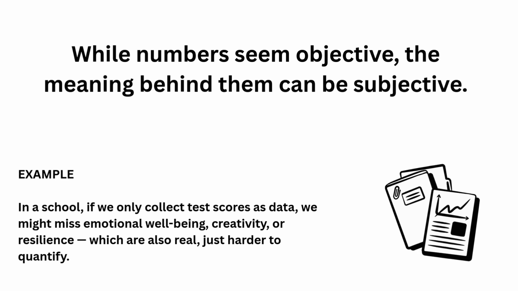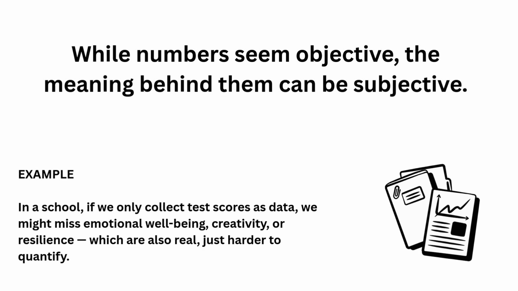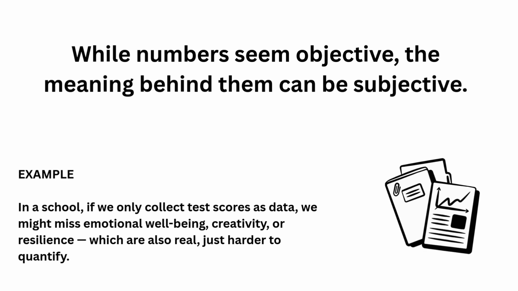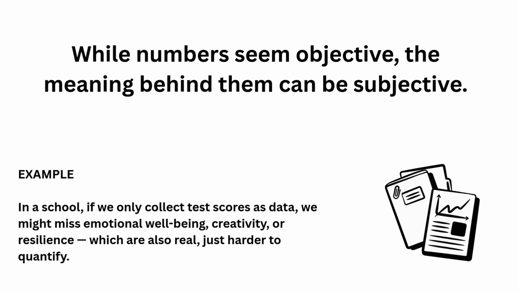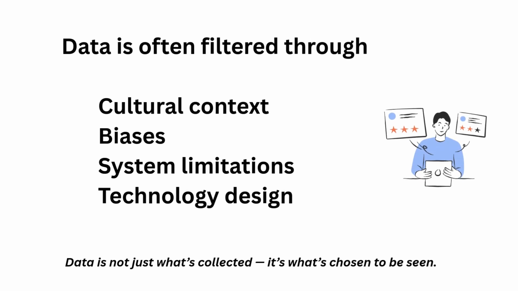For example, in a school, if we only collect test scores as data, we might miss emotional well being, creativity, or resilience, which are also real, just harder to quantify. We also have the human filter, such as cultural context, biases, system limitations, and technology design. So, data is not just what is collected, but is also what's chosen to be seen.